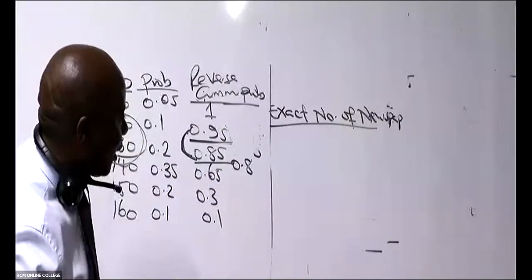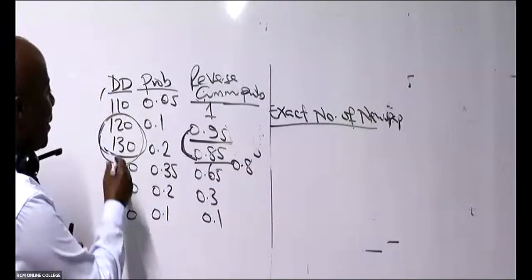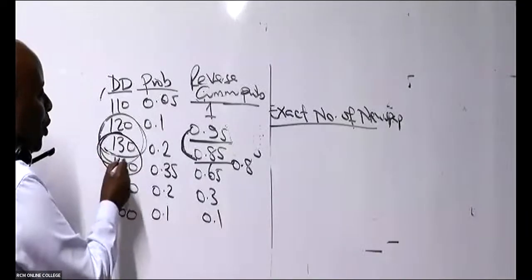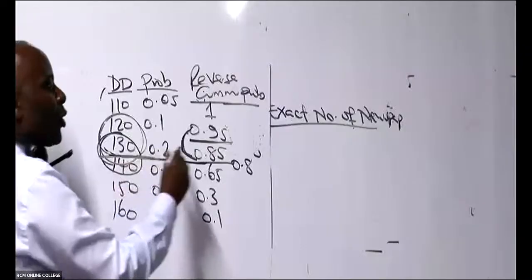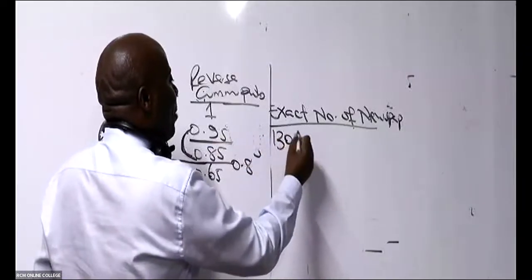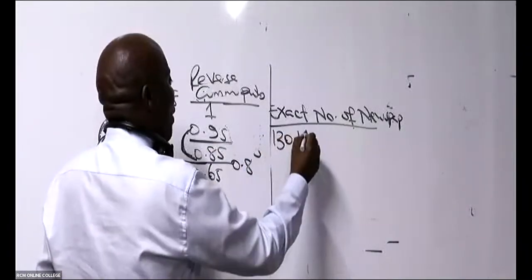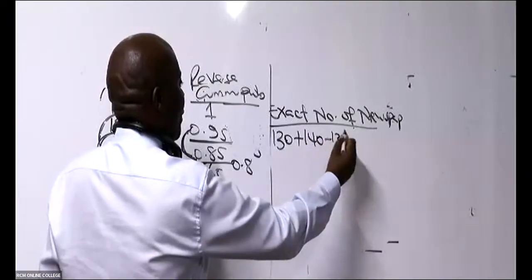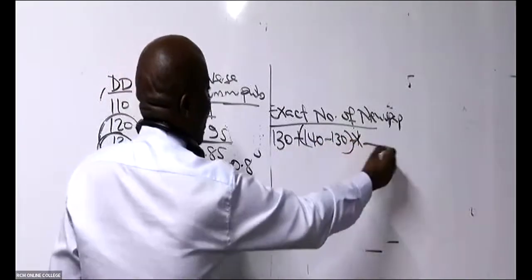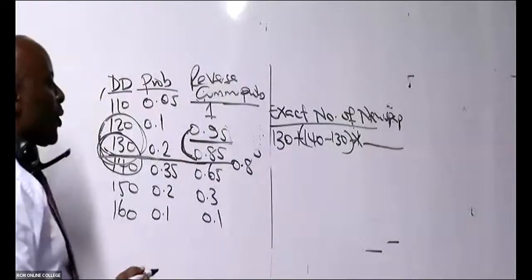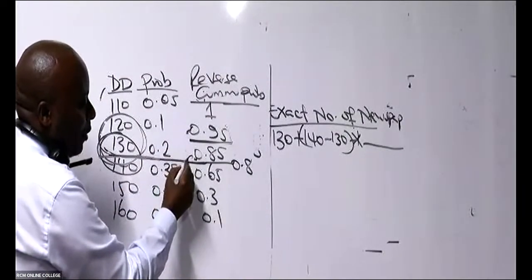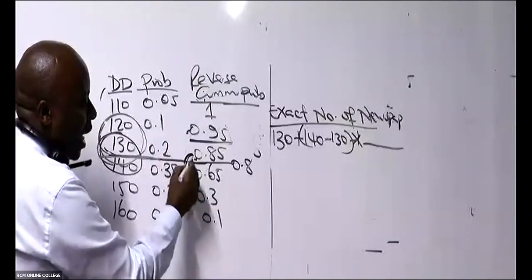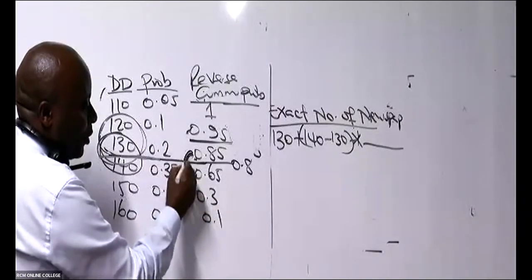So in this case, the newspapers I will buy will be between 130 and 140. So we are talking of 130 plus the difference between the two numbers, 140 minus 130. Then the denominator: we are looking at the difference between these two numbers, the bigger one, crossing the bridge.